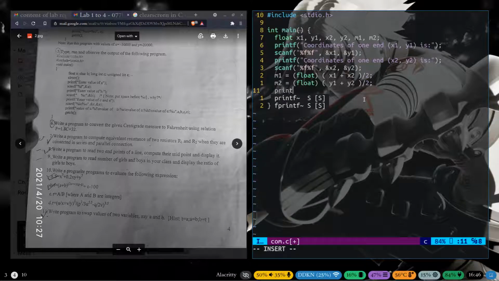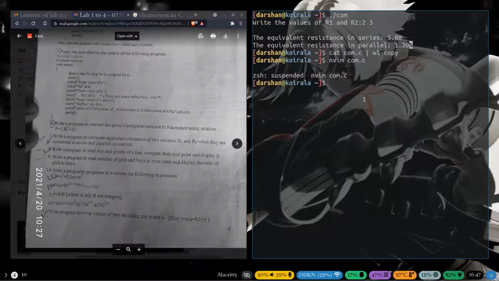And what is that? The coordinates of midpoint is f, just m1 and m2. I think this should work.